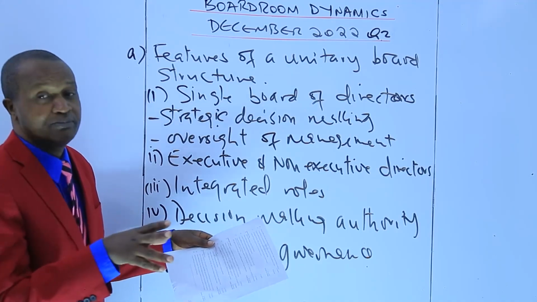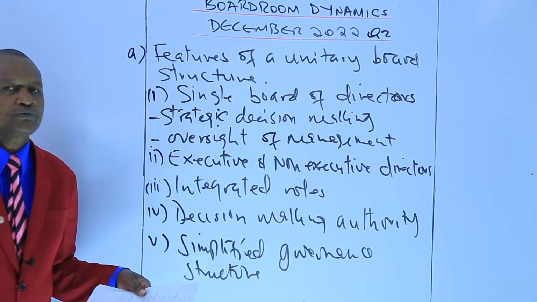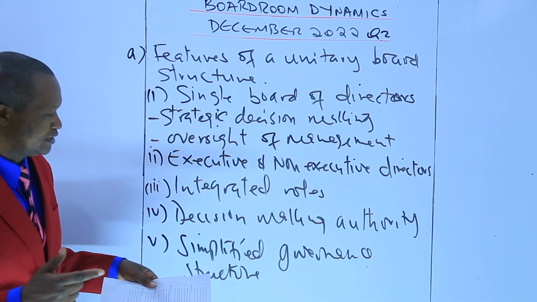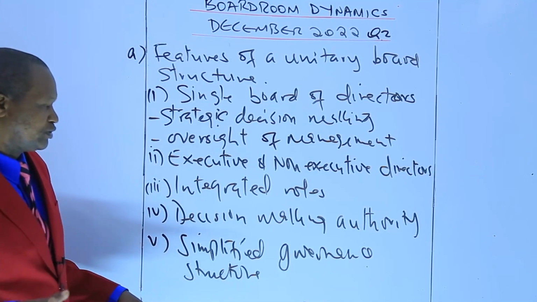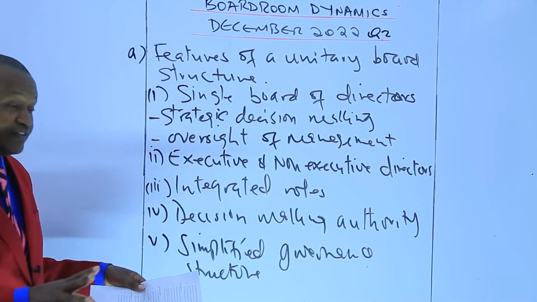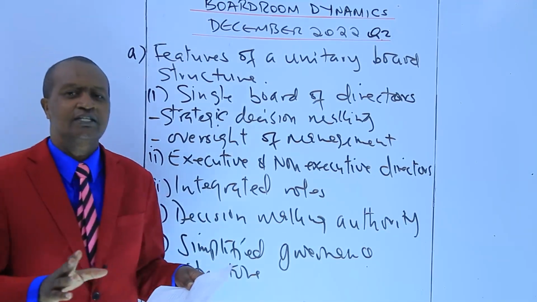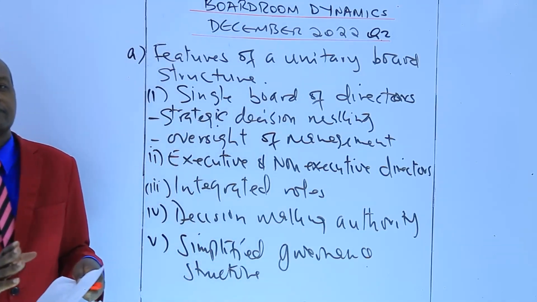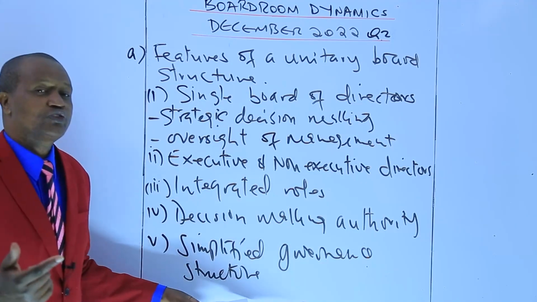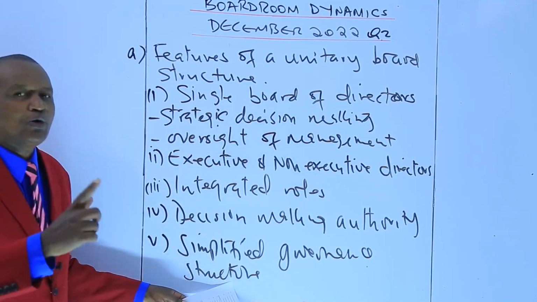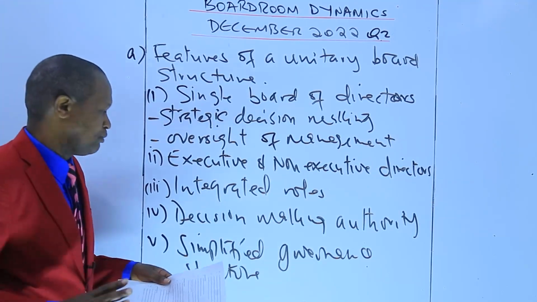One is called the management board, the other one is the supervisory board. Do you understand? Having a management board and a supervisory board is a complex governance structure, but a unitary board structure is a simplified structure compared to a two-tier board. It offers a more streamlined and efficient governance model.